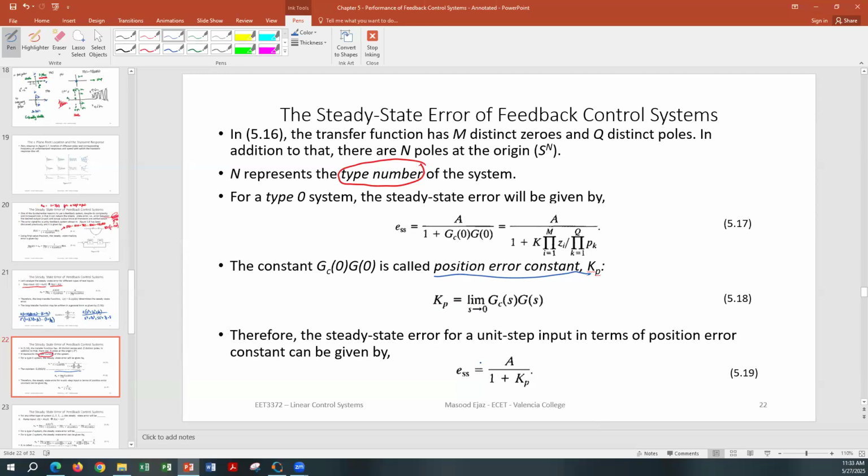So Kp is the limit as s tends to 0 of Gc(s)G(s). And the steady state error for a unit step input in terms of the position error constant is given by A over 1 plus Kp. This is for a type 0 system with step input.